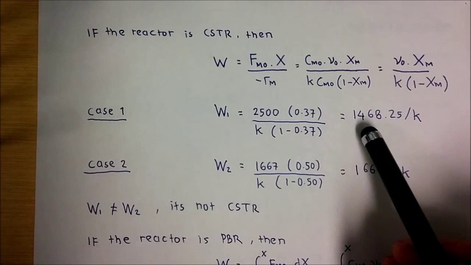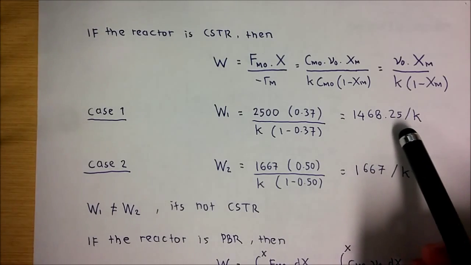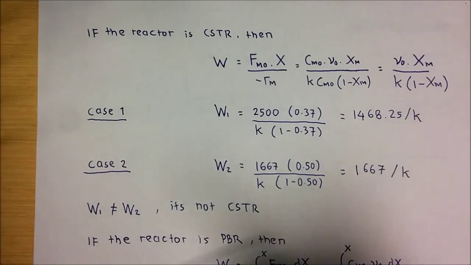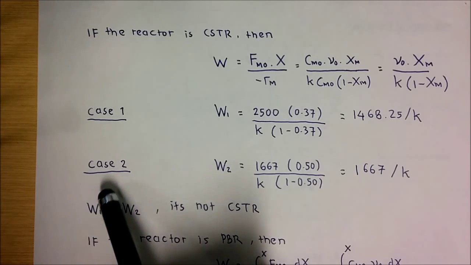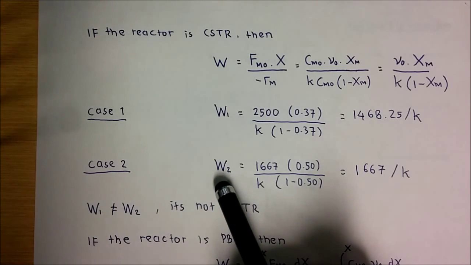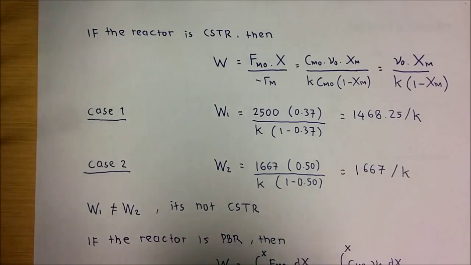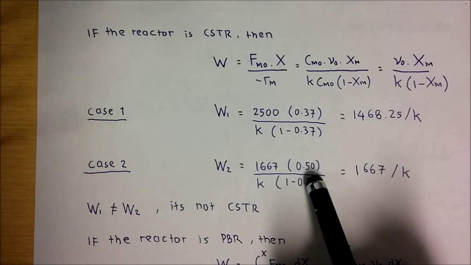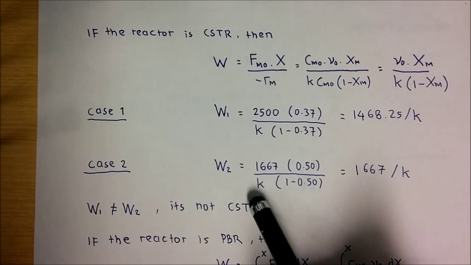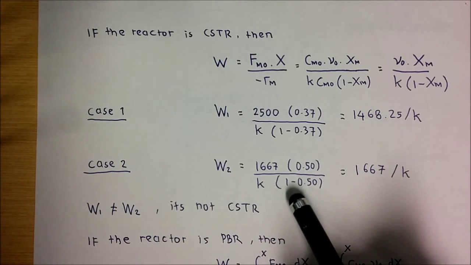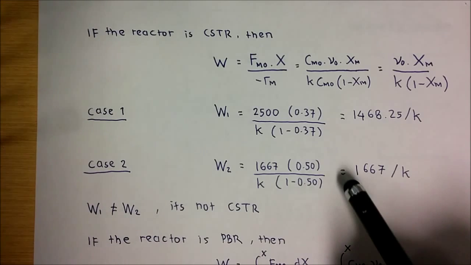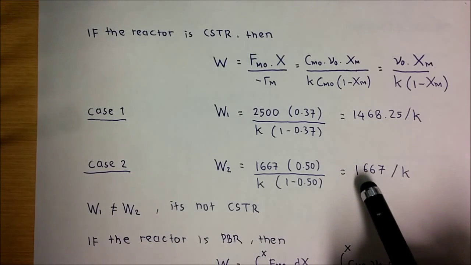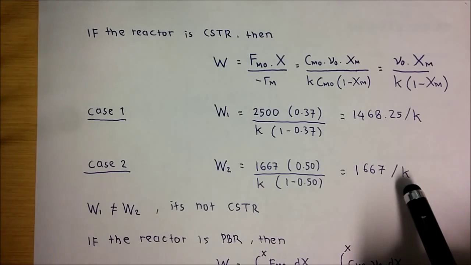It's going to be equal to 1468.25 over K. And then in case 2, if we calculate the W, we're going to have 1667 multiplied by 50% conversion over K multiplied by 1 minus 0.5. We're going to have about 1667 over K.